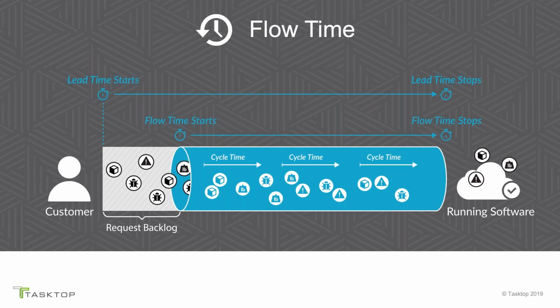Ultimately, it gets released and it's running software. So flow time is from something approved to being released. And that is a better concept, or better time, that you could talk to your business partners, your customers about, because it gives them a better idea of when something is approved, when is it going to come out the door.